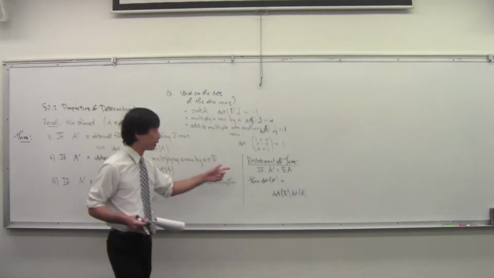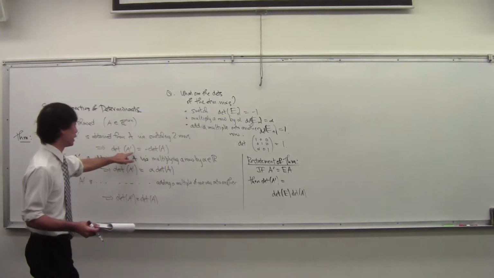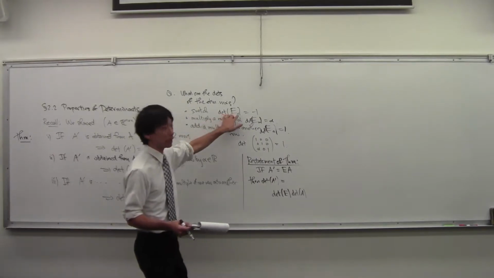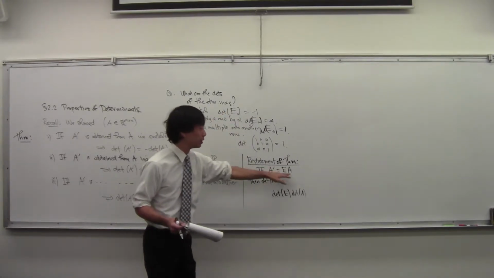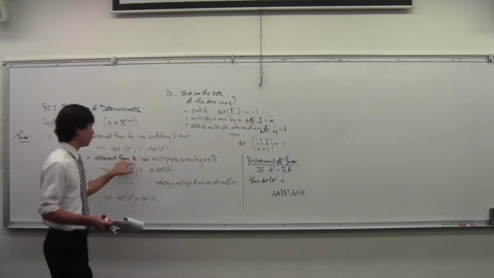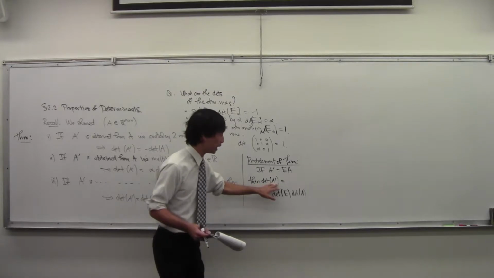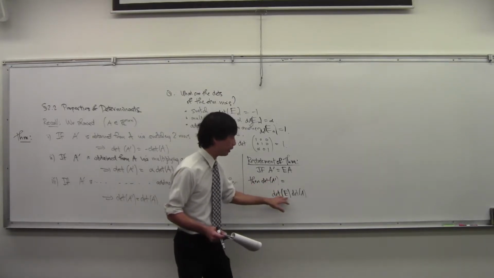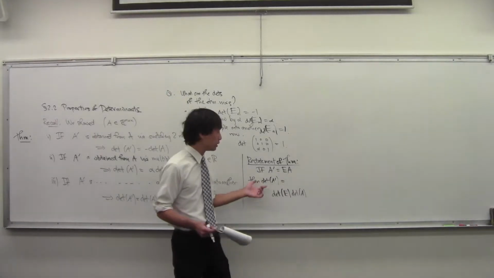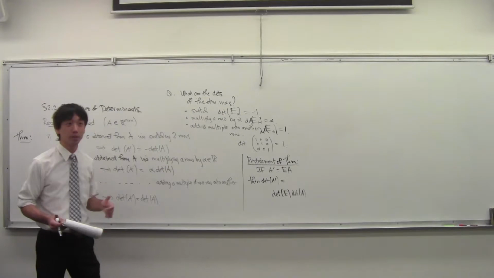Because it encompasses everything. If you've got a switch, the determinant of the switch matrix is -1, times the determinant of A. If you multiply a row by alpha, the determinant of the multiply matrix is alpha, times the determinant of A, and so on. So this is just a more concise way of stating the thing on the left.